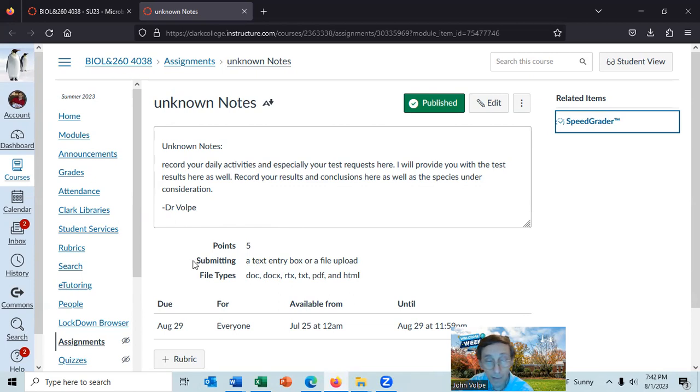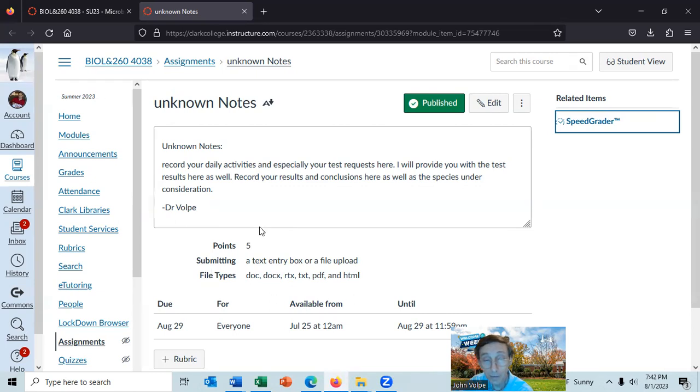That'll be a lot of your unknown report. It's not all of your unknown report, because your unknown notes page does not require certain items that your unknown report does require. But it would be a lot of your unknown report if you write it up very formally.